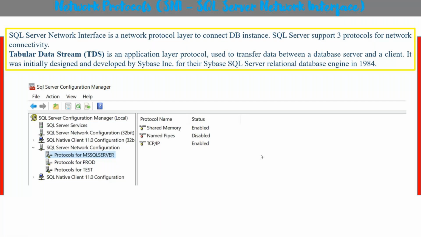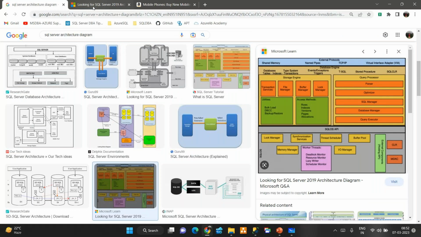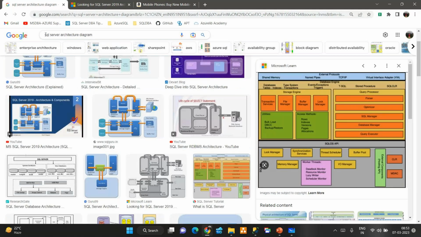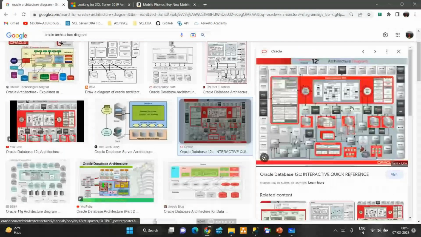See, sir, when you go to the architecture, unfortunately, when you search in Google, you can't find good documents about SQL OS or SQL architecture. If you search for Oracle architecture, you will see a great article.